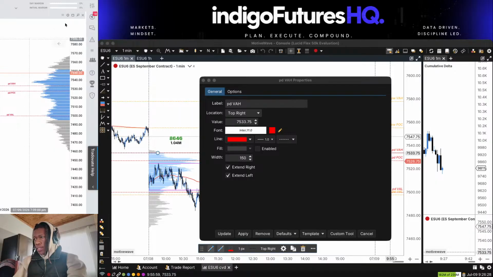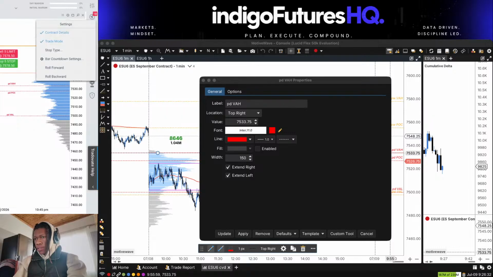Chart settings, how do I do that? Apparently not there.